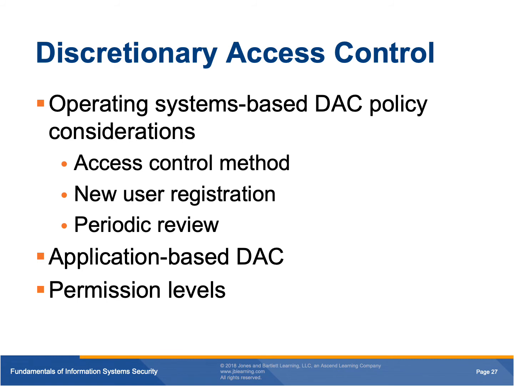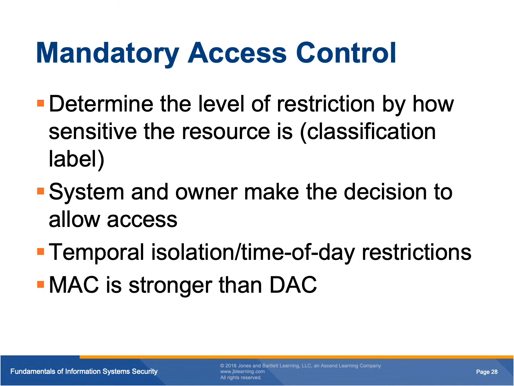So with the discretionary access control, this is operating system-based DAC policies, with processes in place for new user registration, periodic review, setting permissions, and giving access to the different software, the different applications that we have in a discretionary manner. So I guess this is probably a very common way that this is done.